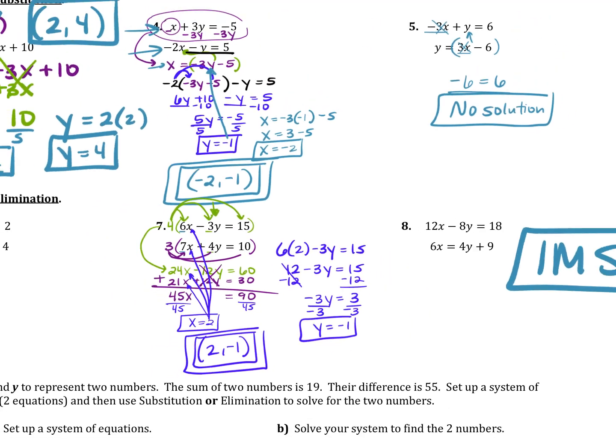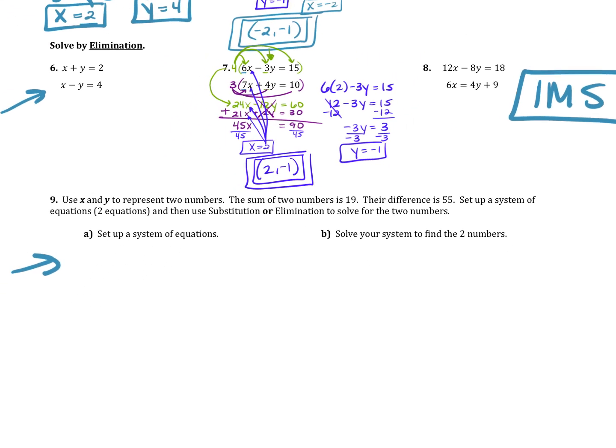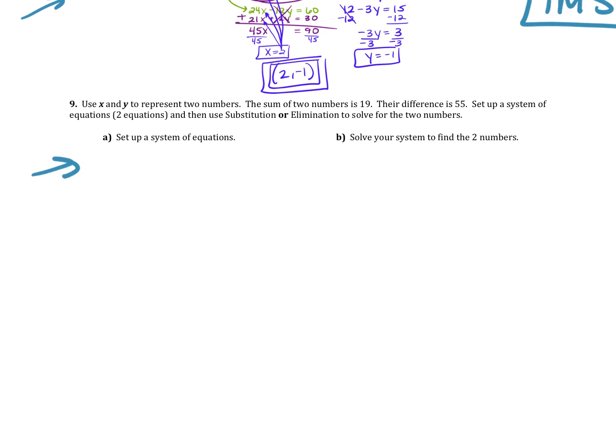I'm going to do this last word problem with you, and then you will take the quiz. This one says use x and y to represent two numbers. The sum, and there's one just like this on your quiz. Sum is addition. So the sum of the two numbers is, that's equals in math, right? So the sum is 19.